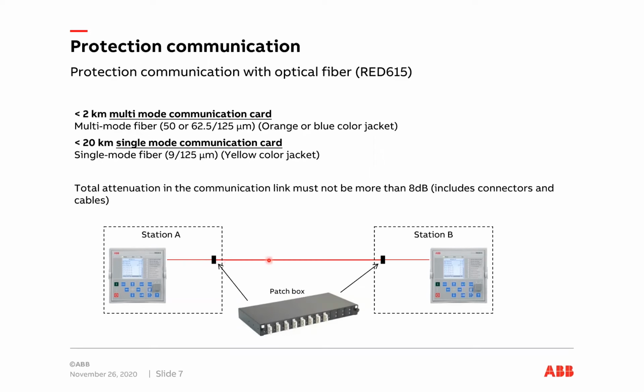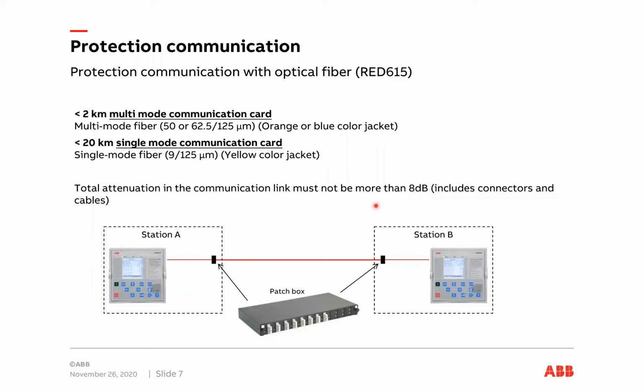If you have multi-mode fiber between the line differential relays, the maximum length of the fiber can be 2 kilometers. If you use single-mode fiber, it says here that it can be up to 20 kilometers. But all this depends on the total attenuation in the fiber, so it might not be that we can have a line up to 20 kilometers. What you always need to do is measure the fiber attenuation, and it shouldn't exceed 8 decibel.